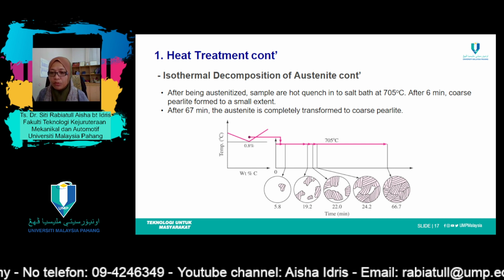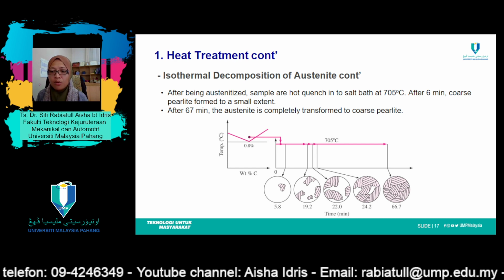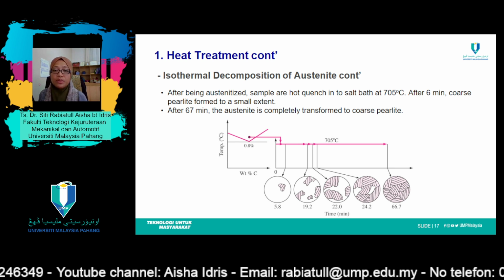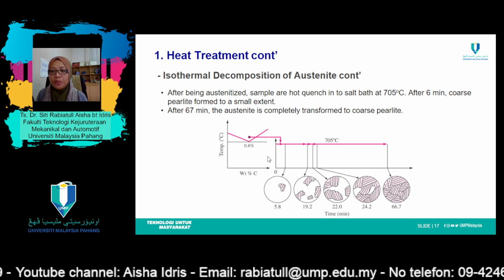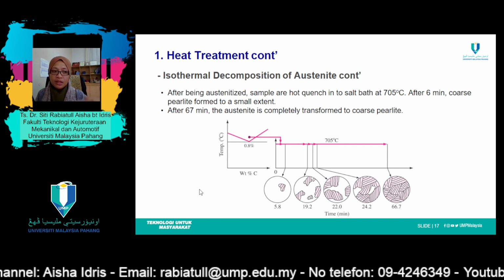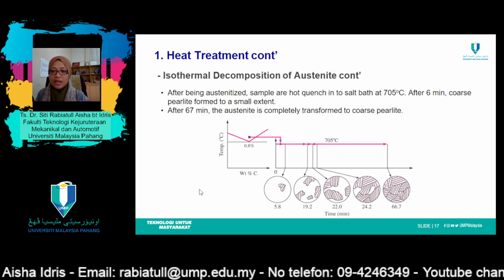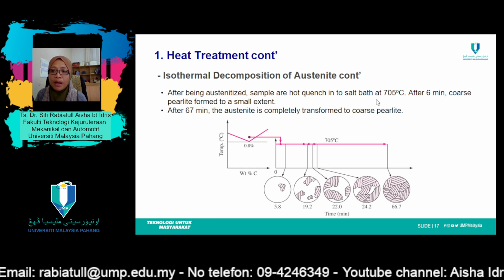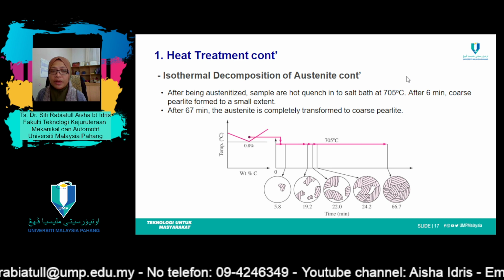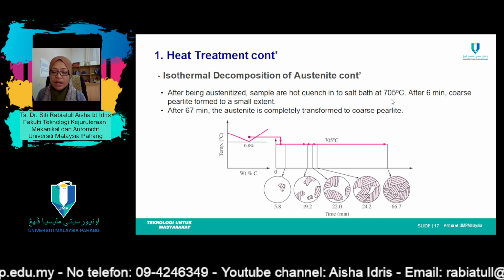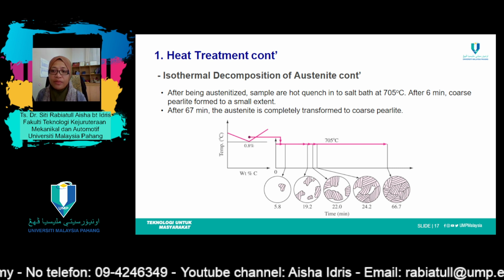For example, let's look at what happens to the microstructure when we use isothermal decomposition. In this case, we heat it to austenite temperature, then start to cool it using a salt bath at a temperature below austenite temperature, which equals 705 degrees C for this case.